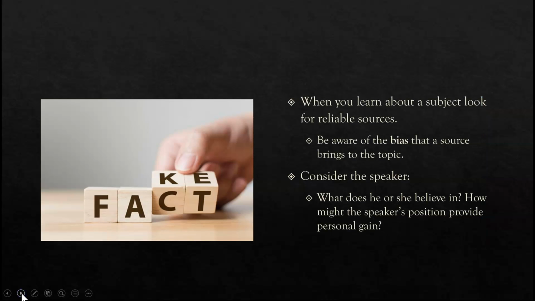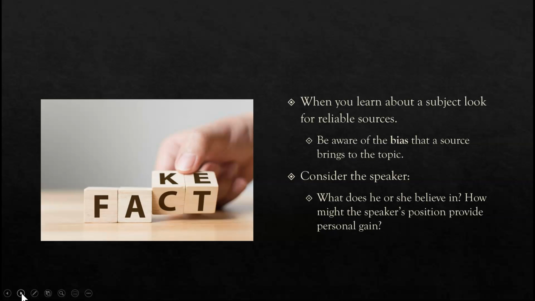When you learn about a subject, look for reliable sources. Be aware of the bias that that source brings to the topic. We talked a lot about bias in term 1. Bias is when somebody is already leaning towards one side over the other. They prefer one side over the other.